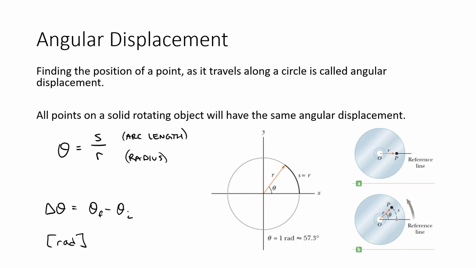I want to know this point right here. So we go along the edge and then measure it. That is also 12 inches. So this has an equal radius and arc length. That means that's 1 radian.